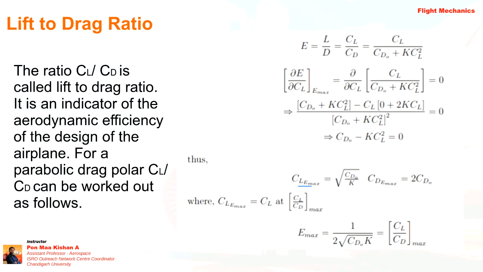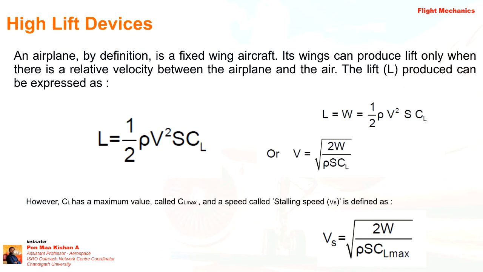That is what is indicated by CL at E max. But what we are speaking about over here is the entire aircraft's maximum CL. Beyond that, if the aircraft is generating more CL, the aircraft will get into the stalling position. So that is the limit. CL max is the limit.